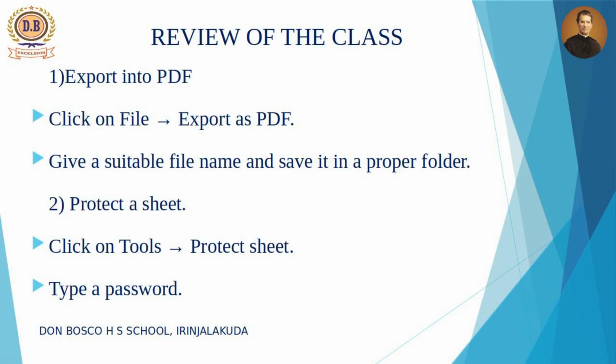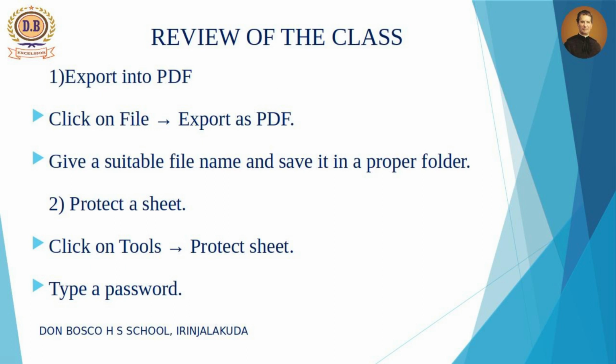Today we have discussed the last and final topics in the 6th chapter, which are exporting a sheet into PDF format and protecting a sheet. For exporting, first of all, arrange the paper format and then click on File, Export as PDF. Select a suitable folder, give a suitable file name and save it in that folder. The last topic in this chapter was how to protect a sheet.